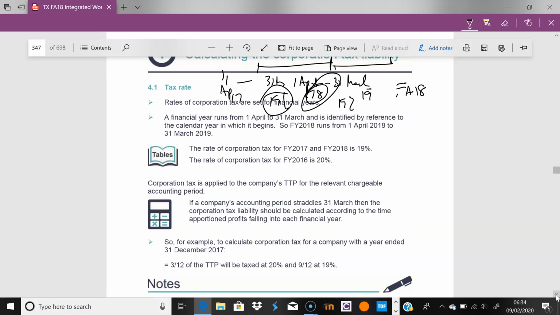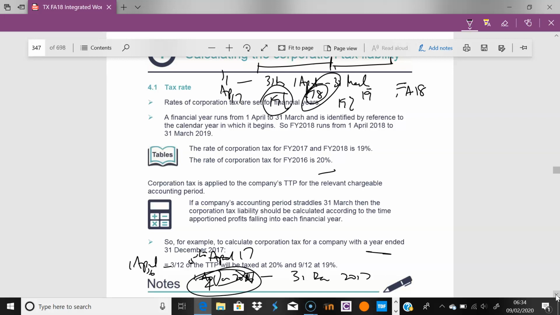But prior to this, it was 20%. In this example, if you had a year end of the 31st of December 2017, covering the 1st of January 2017 to the 31st of December 2017, the Finance Act would cover the 1st of April 16 to the 5th of April 17 at 20%.